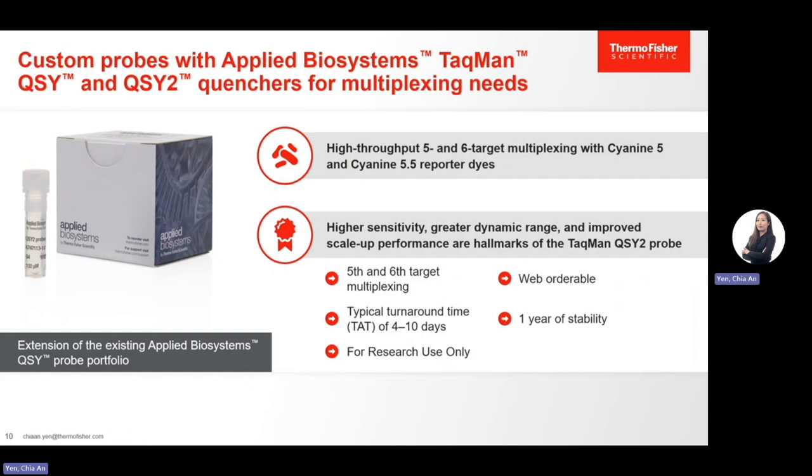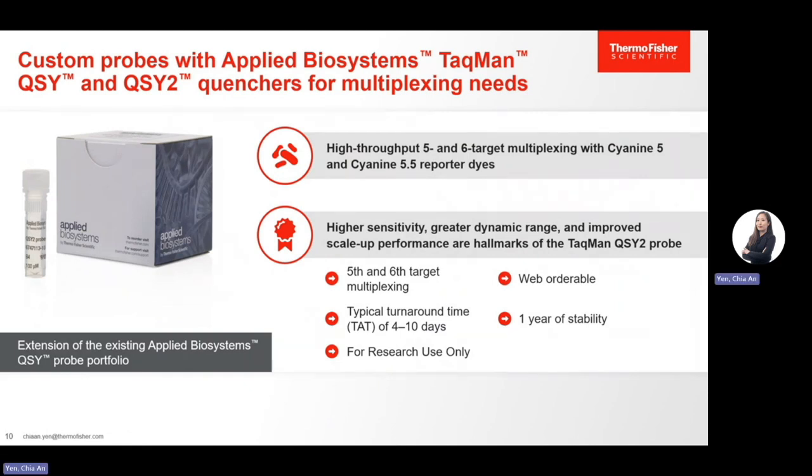Take, for example, our latest addition to the TaqMan custom assay offering, the QSY2 probes. These QSY2 quenchers are for, again, cyanine 5 and cyanine 5.5 dyes. And these probes are designed for higher order multiplexing, where you can multiplex up to 6 targets in a single reaction by using the 6 reporter dyes we have.